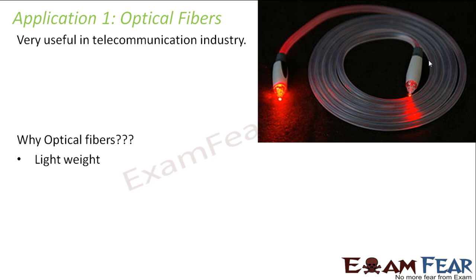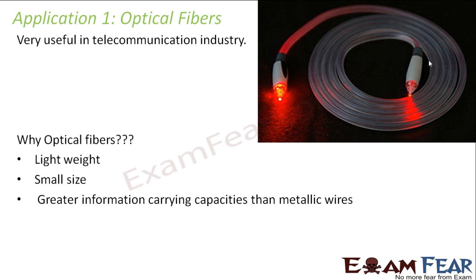The first one being their light weight, small size, and greater information carrying capacity than metallic wires. So these are some of the advantages which make optical fibers a better option than metallic wires.